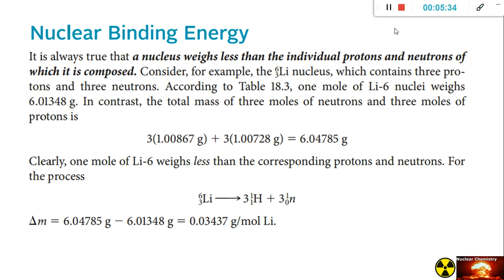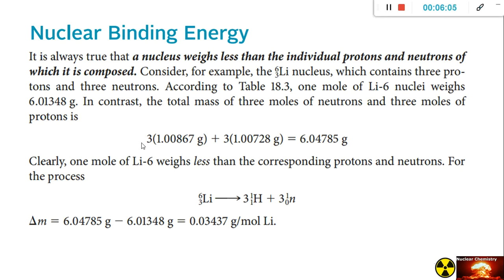In contrast, the total mass of 3 moles of neutrons and 3 moles of protons is 6.04785. Again, this 6.04785 is the predicted one, based on the calculation from 3 times the mass of neutron.